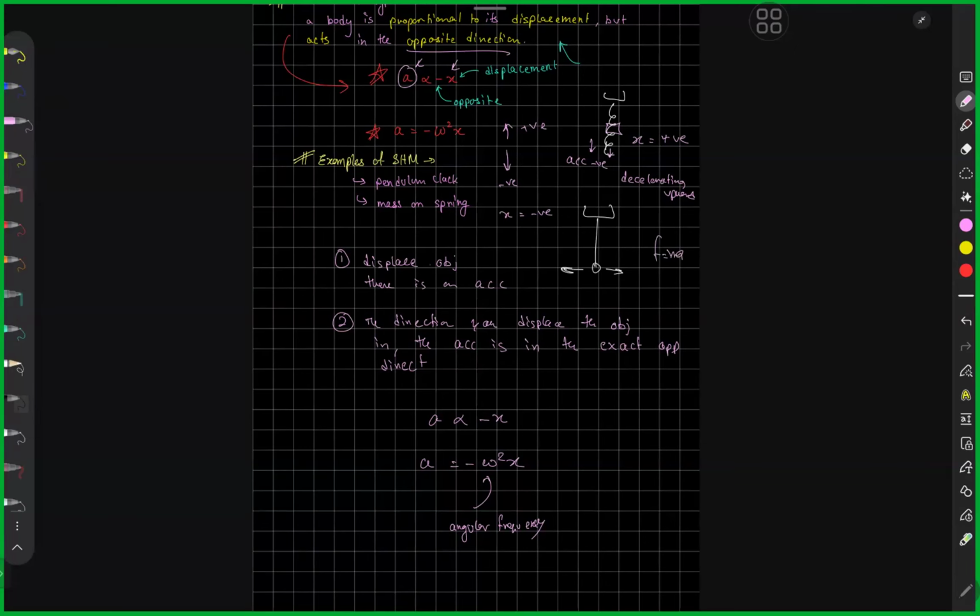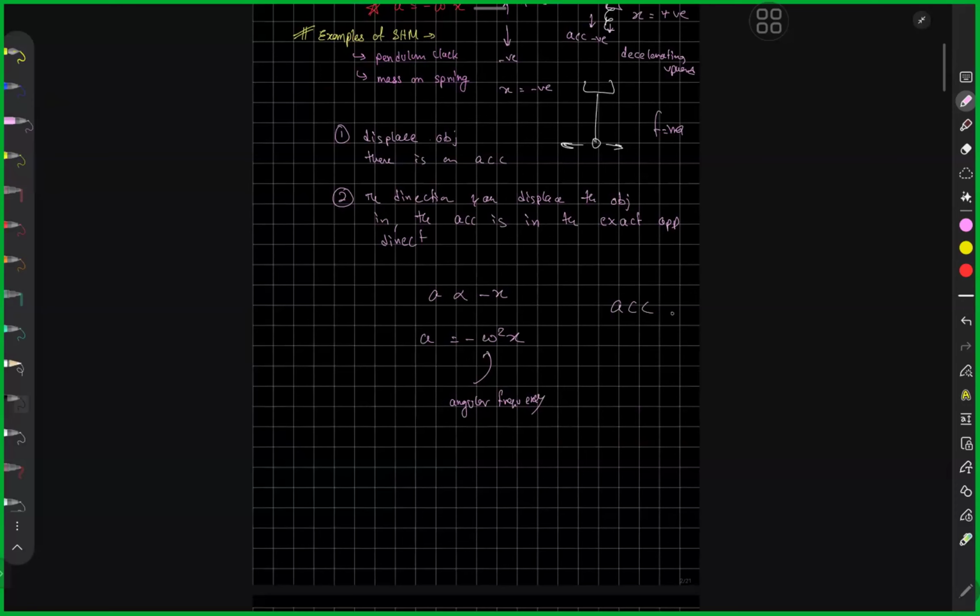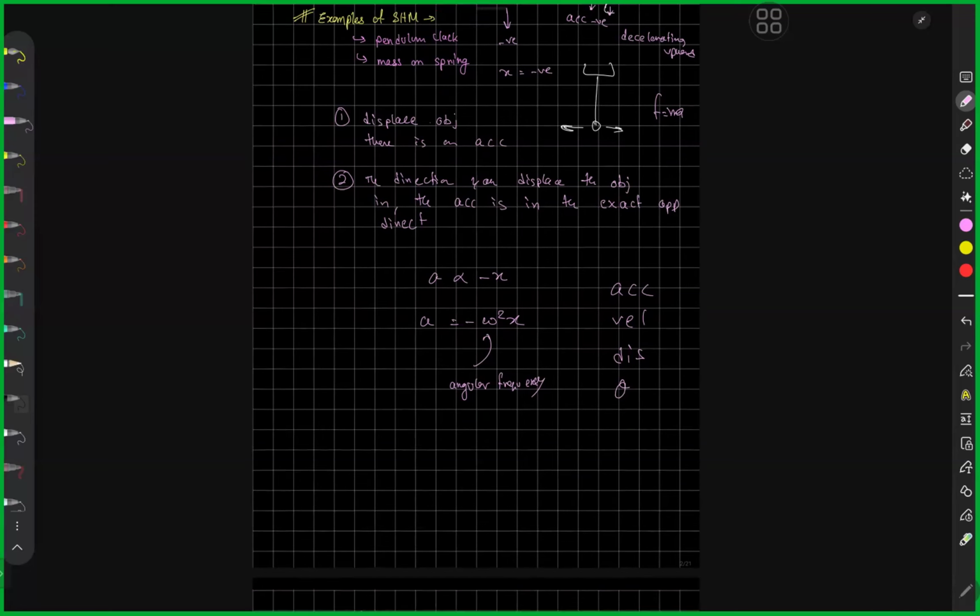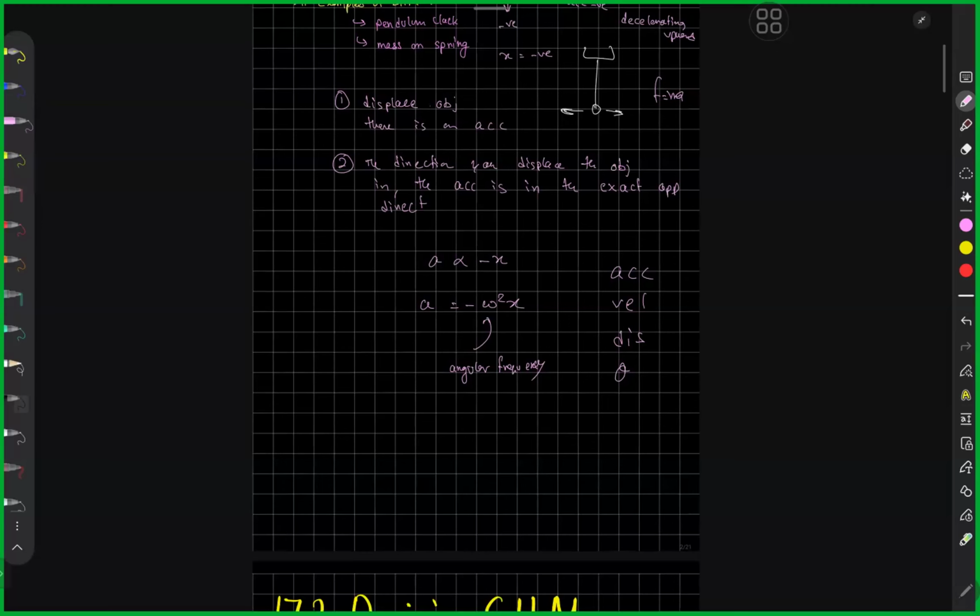But these three things: acceleration, velocity, displacement. Got it? And you can say theta changes as well. I'll show you guys how it all makes sense when I explain. But point is, angular frequency does not change. Clear?